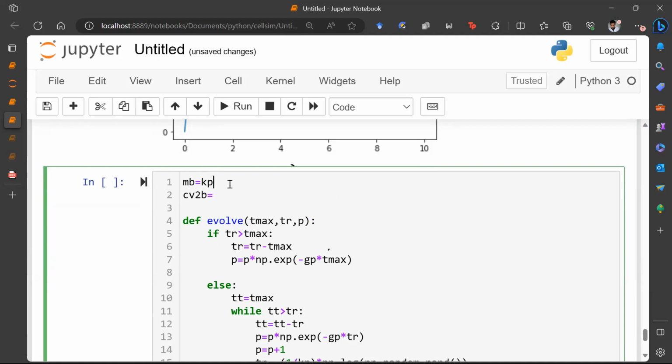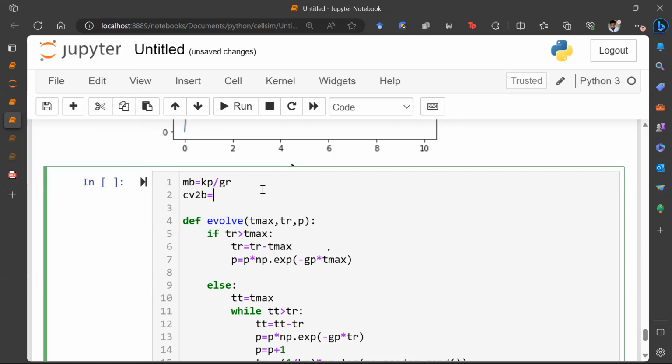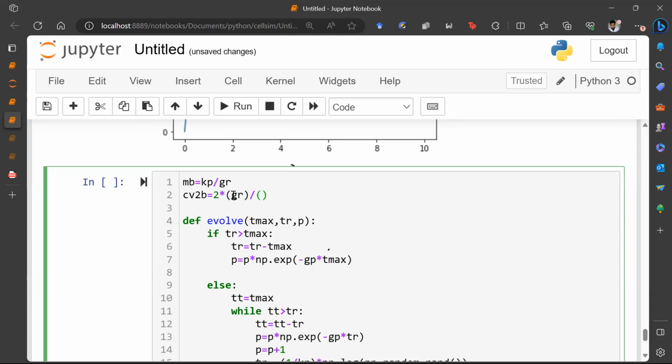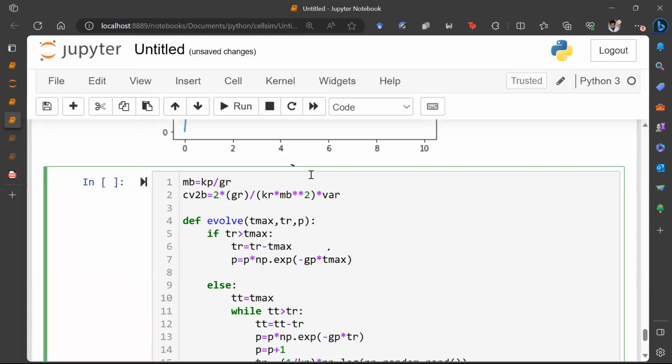Remember, mean B is going to be kP over gammaR, and CV square of B is going to be this guy: 2 gammaP over kR times P squared times the variance of P minus 1.